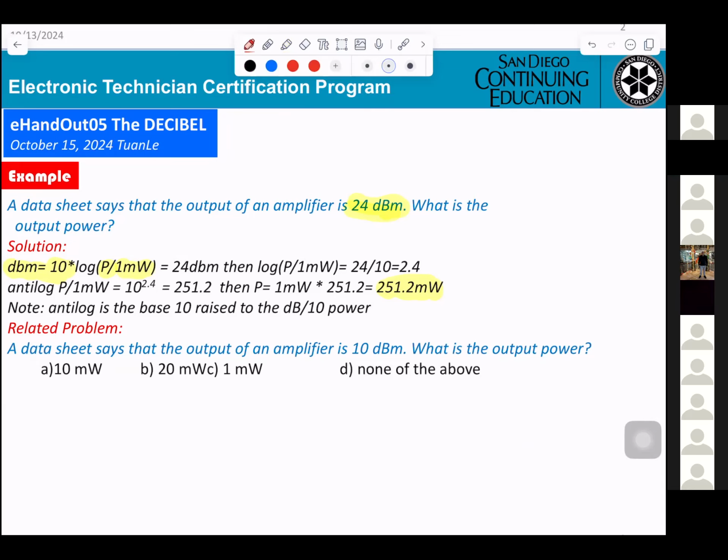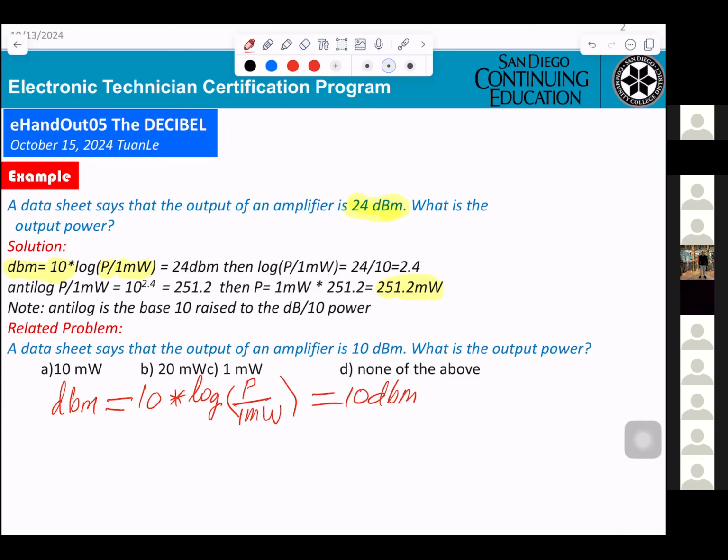dBm equals 10 times log of power divided by 1 milliwatt. And they say the amplifier is 10 dBm, so 10 dBm.